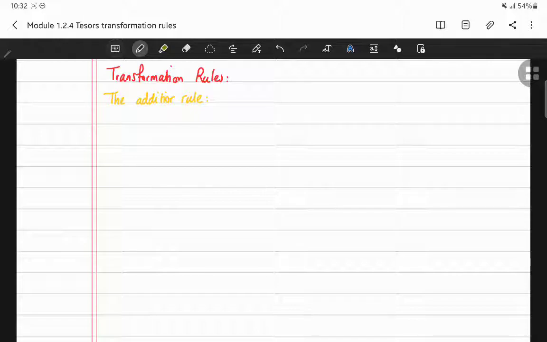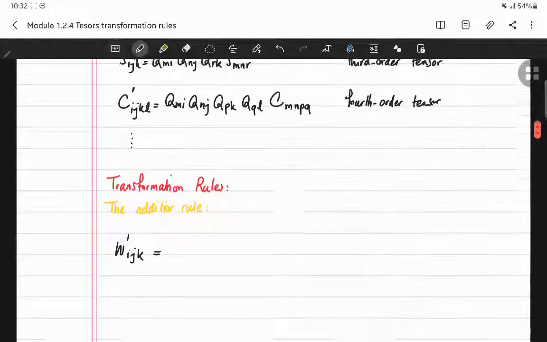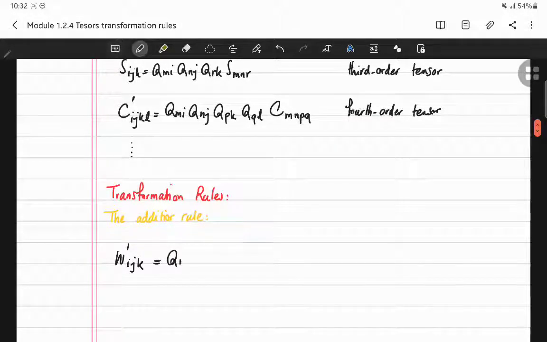All right. So let's say that you have a third order tensor like W_ijk here, and you can easily write from here that W'_ijk is equal to Q_mi Q_nj Q_rk W_mnr.